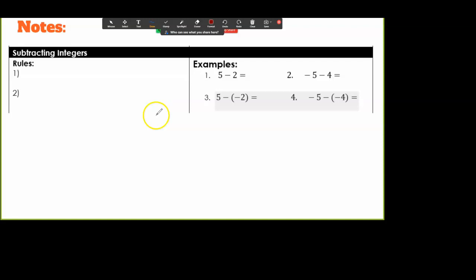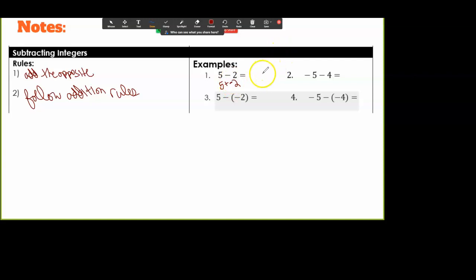For subtracting integers, you think of it as add the opposite and then follow the addition rules. If you think of it differently, that's fine too. Because there are different signs, I'm going to subtract and keep the sign of the bigger.